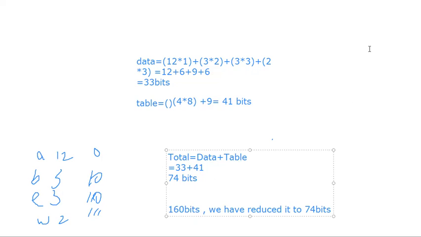Let me show you the full table. This is the main point. This is frequency for data, the frequency into the number of bits: 12 into 1, 3 into 2, 3 into 3, 2 into 3. The total is 33. And the table, we are transferring the complete table.